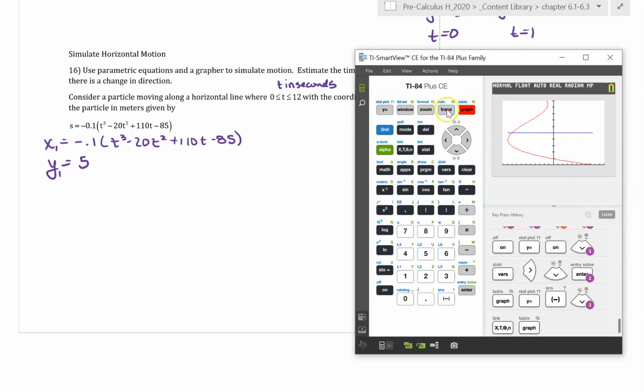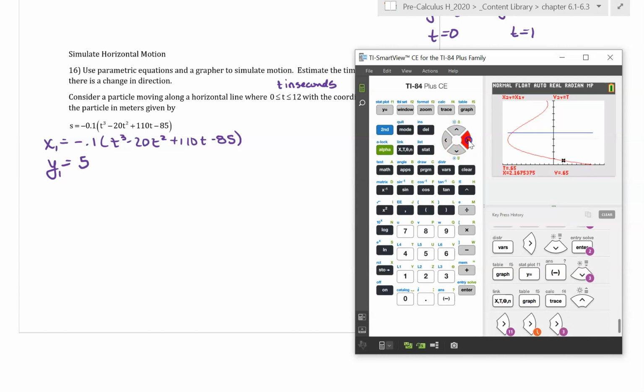Let's go ahead and trace again. And this time I'm going to move the up arrow. And I will trace. So this is another way to kind of see when did it change direction. So I've got my t equals, remember we guessed it was approximately 4. Let's see here.